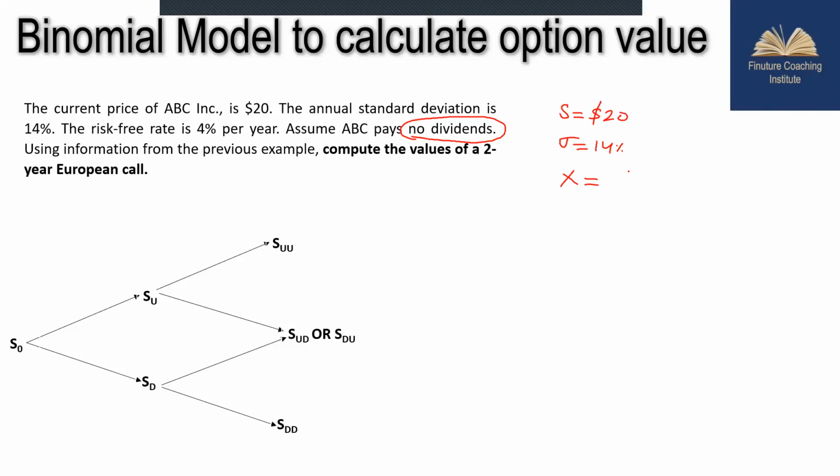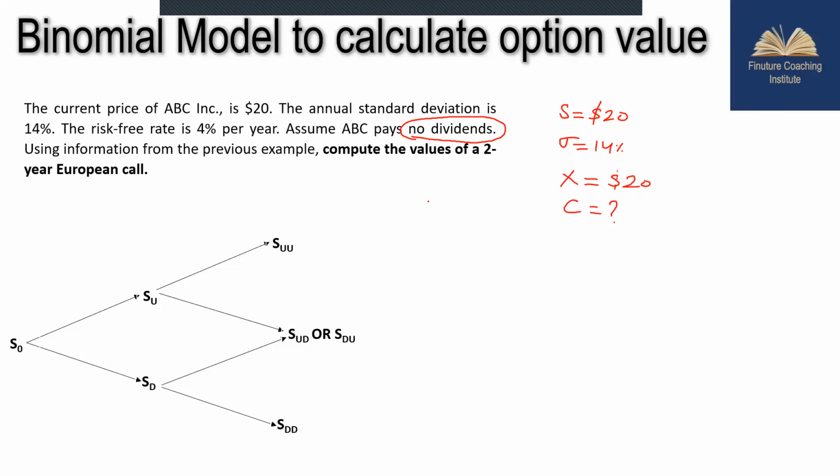So currently there is no profit, no loss when you are currently standing at 0. Now we have been asked to calculate the 2-year call option. So we have to calculate C at 2 years using this information.